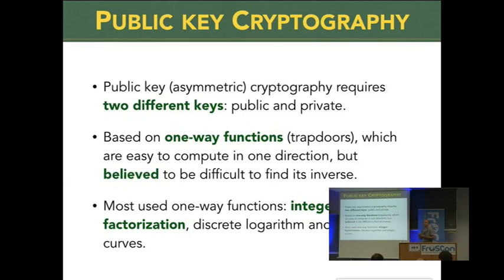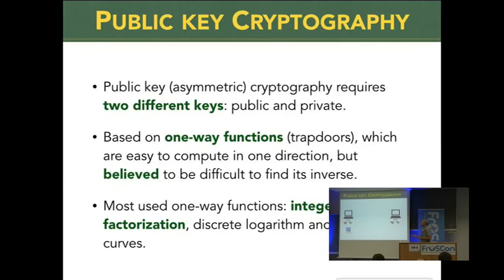It means that there is no known way to do it fast. It doesn't mean that no one or no organization already has a method to do it fast. Some of these one-way functions are integer factorization, which is used by RSA and which we're going to use, discrete logarithm, and elliptic curves.